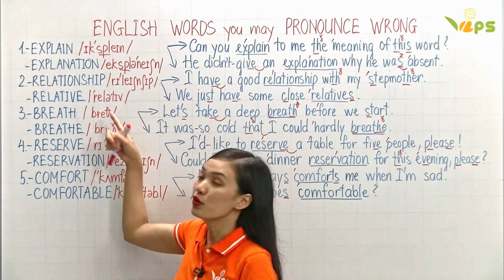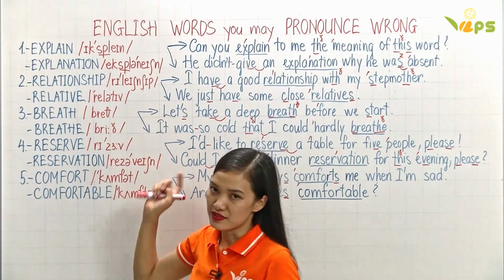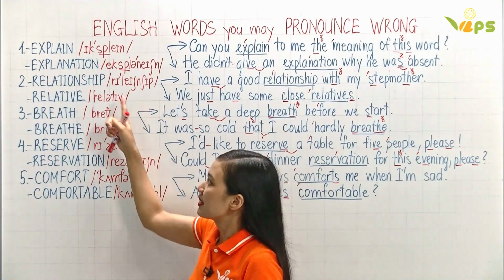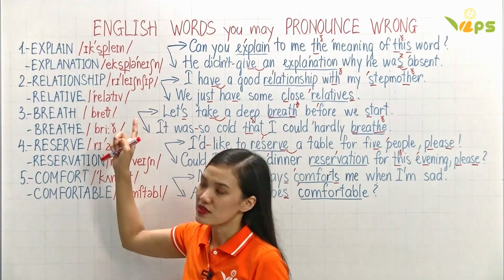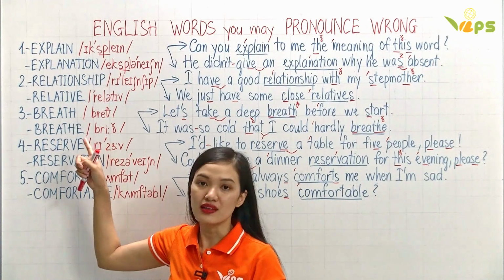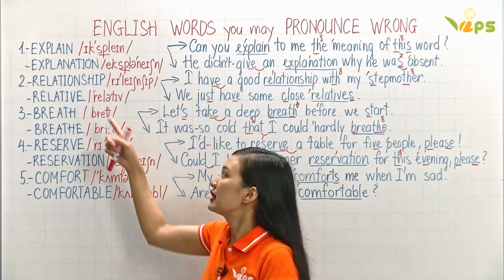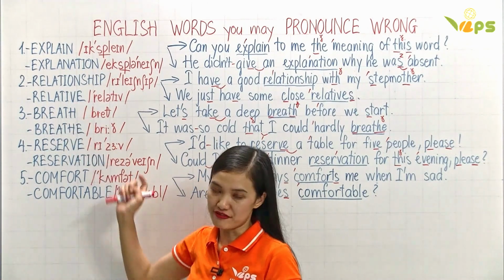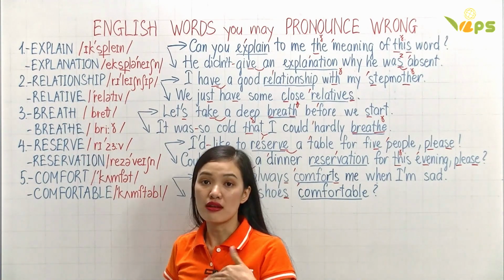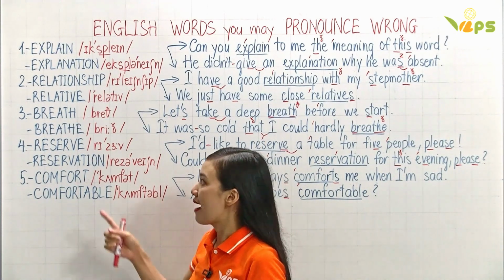Here, relative. A lot of people mispronounce this one. They think this is relationship, so they would pronounce this one as relative, but it's not correct. This is relative. Relative can be a noun or an adjective, but here I mean a noun.